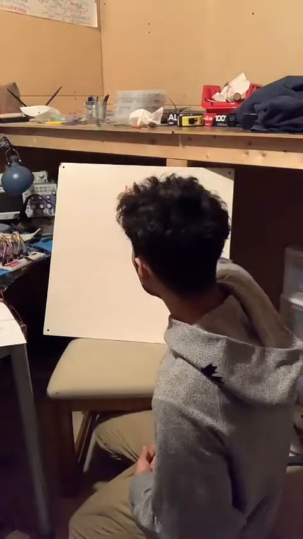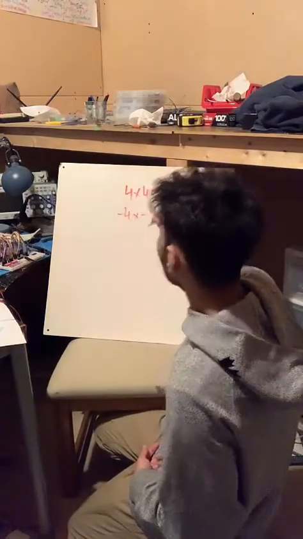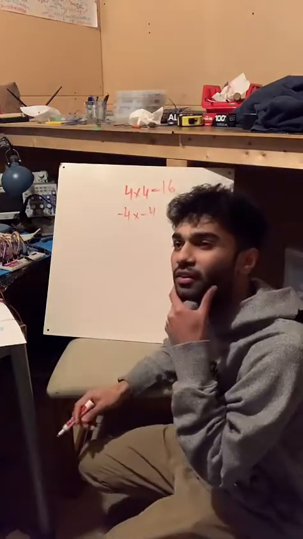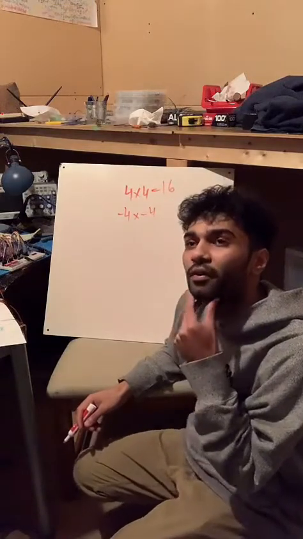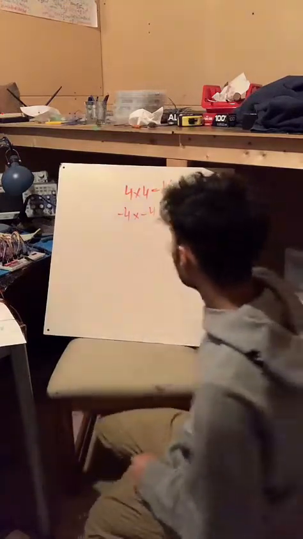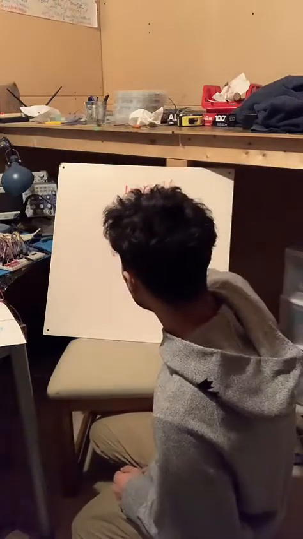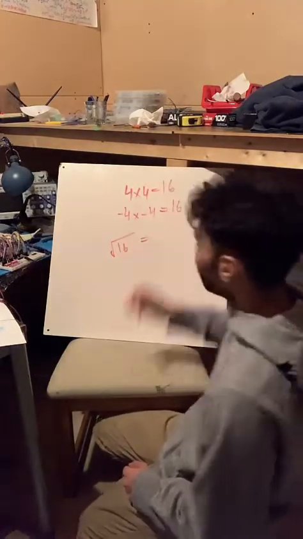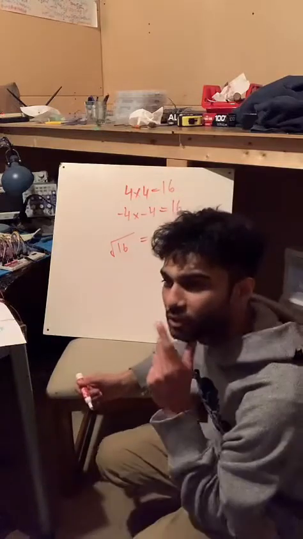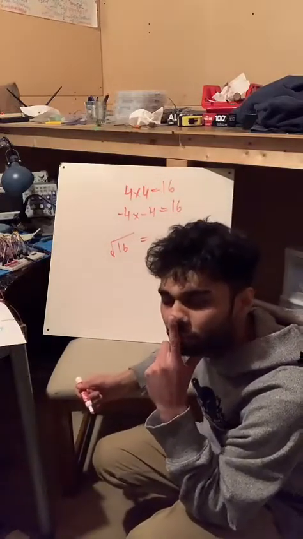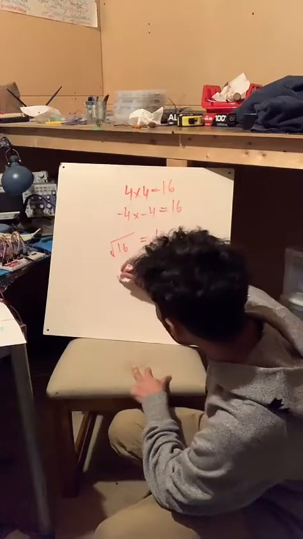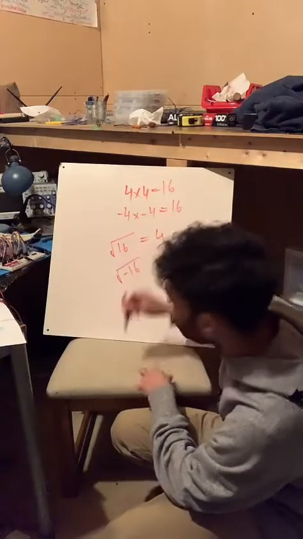What if I do -4 times -4? Positive 16. What if I took the square root of 16? What two numbers multiply to give me 16? 4.